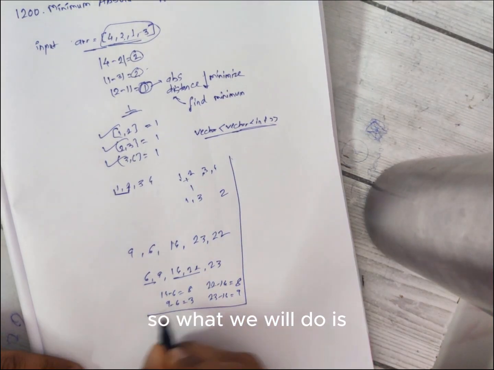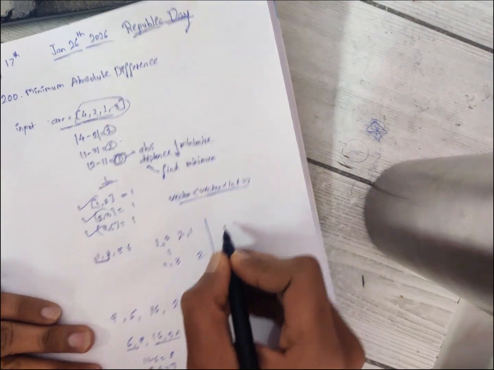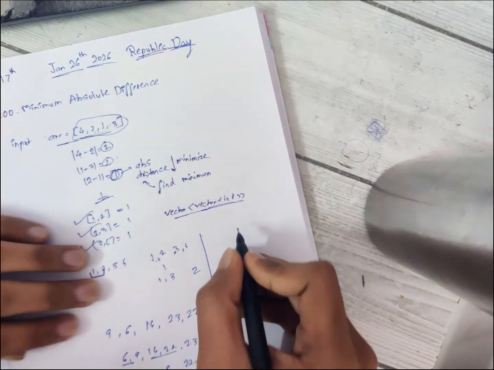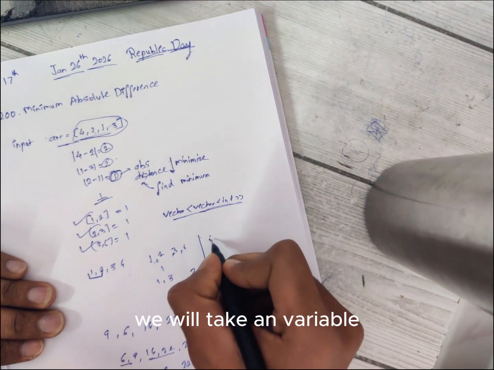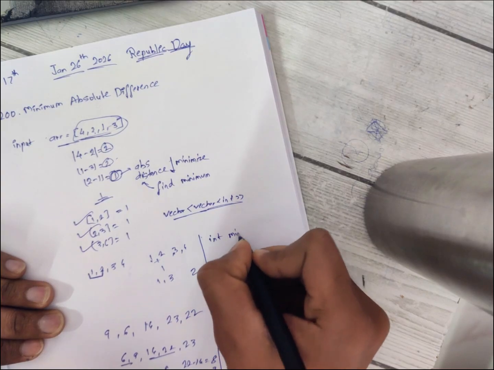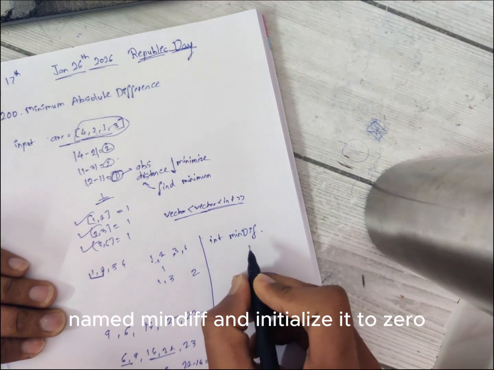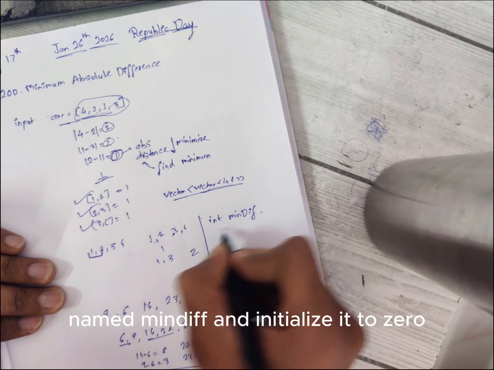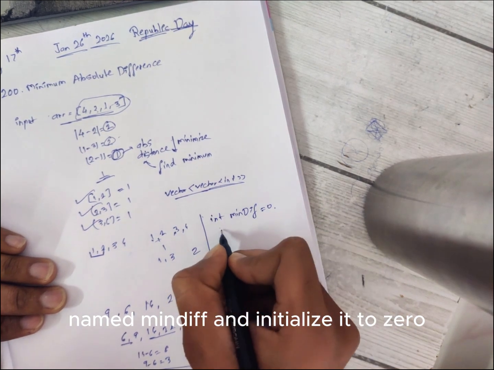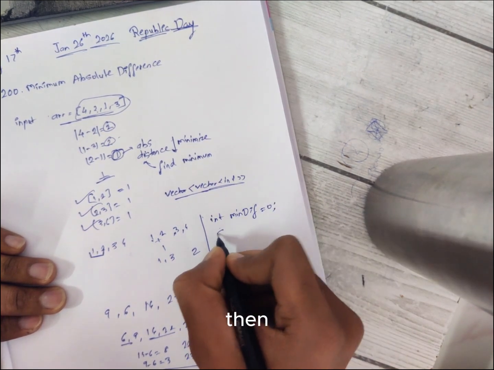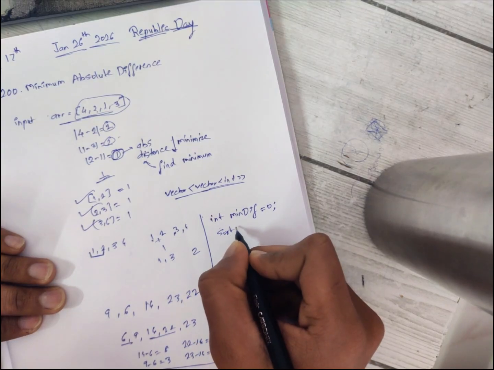So what we will do is, we will take a variable named mindiff and initialize it to 0, then sort the array.